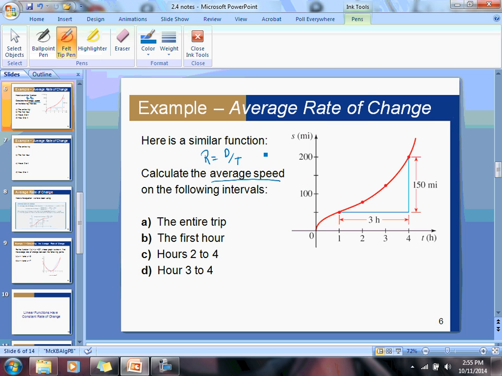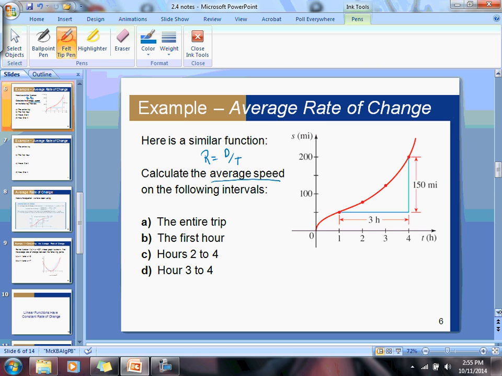We're assuming that the trip ends at this last point. So our total distance was 200 minus 0, and our total time was 4 minus 0.